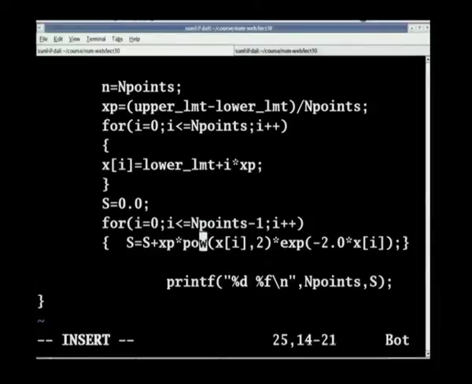I am using the power function, which is a built-in function in the math library, that calculates x to the power 2, and exponential, another built-in function, of minus 2 into xi. So that's what I am computing here, and I just sum up all these quantities. So I basically reduce that into the sum.